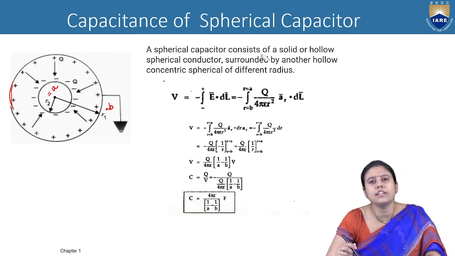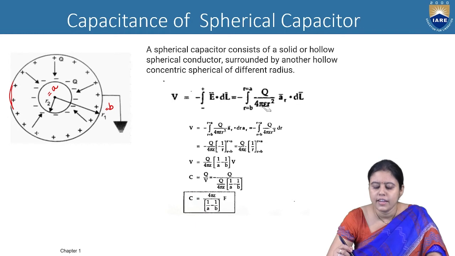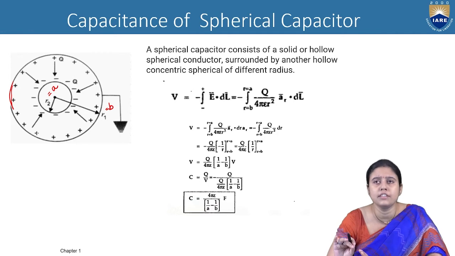Now what is the field intensity of a sphere? The field intensity of a sphere is Q by 4 pi epsilon R square. This is the basic definition of intensity.